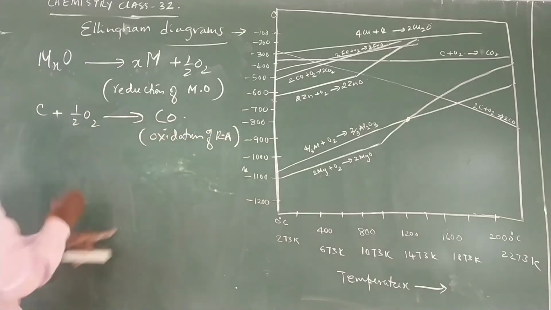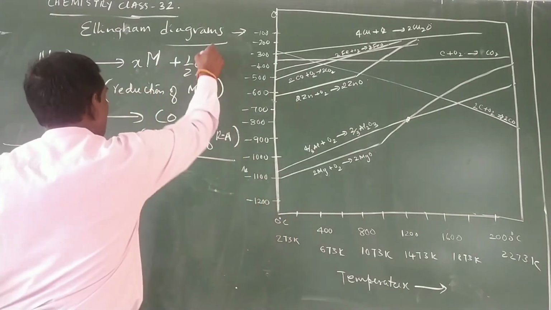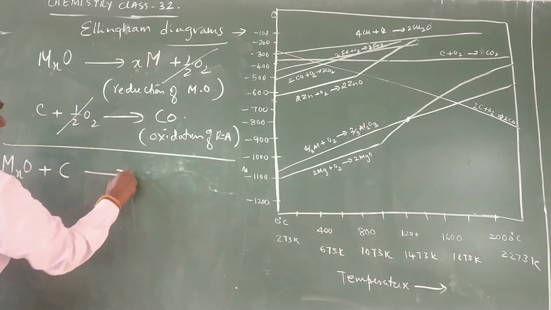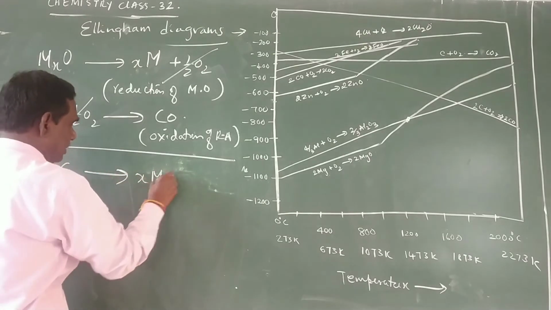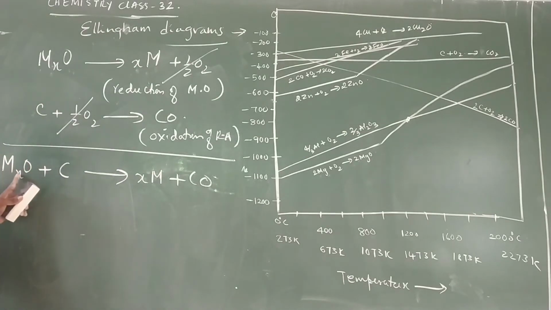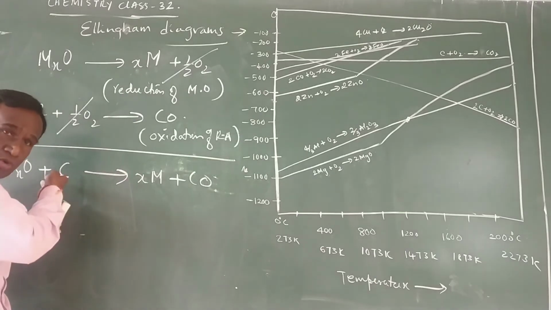If you add the two equations, half O2 cancels with half O2, and therefore MxO plus C gives rise to xM plus CO. What it means is that the metallic oxide MxO is reduced by coke into metal. What is the fate of this coke?